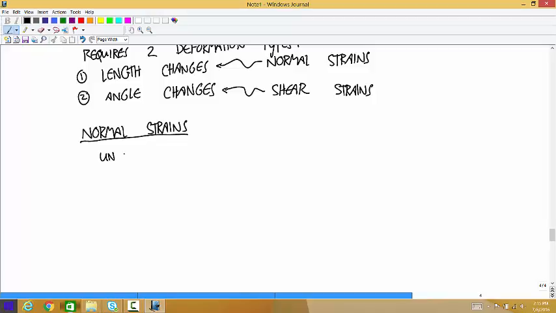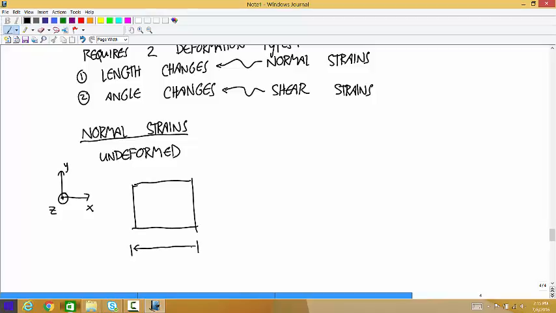Let's say that we start with an undeformed object. I'll make this the x direction, y direction. The z-axis is coming out towards us. And let's say that before the deformation, this is a cube. This length is capital L sub 0, and this length is capital L sub 0.